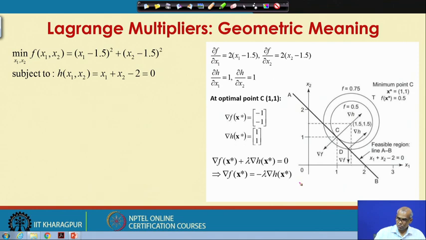Gradient of f evaluated at x star plus lambda into gradient of h evaluated at x star will be equal to 0.